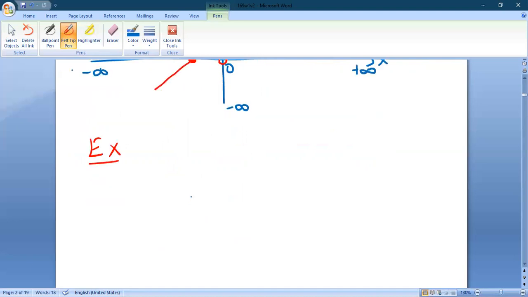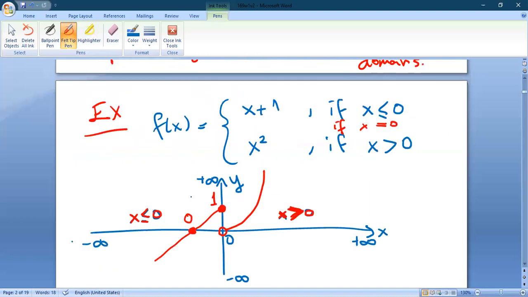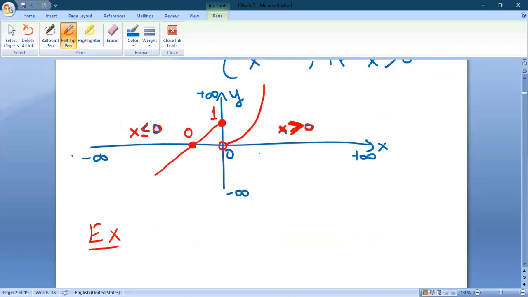Okay, so these are very common types of functions. And what's the deal with them? On some part of the domain, there is some formula. Let's say for the negative numbers, it's x plus 1, but for positive numbers, they are defined as x squared. So they are piecewise defined.